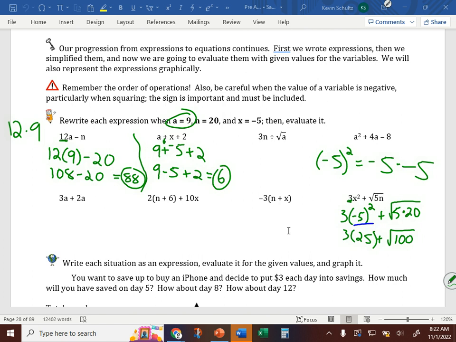We have 3 of those 25s, which is? Gregory? 75. Right? 3 times 25, 75. Plus, what's the root of 100? 10. And then 75 plus 10 gives us 85 as an answer.